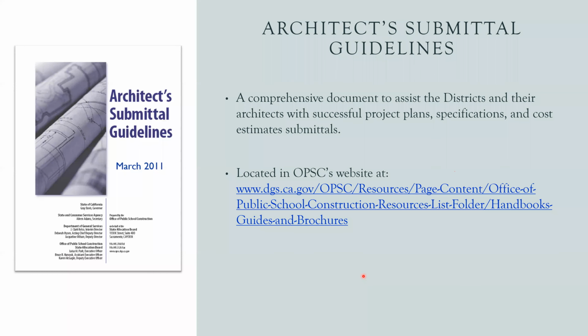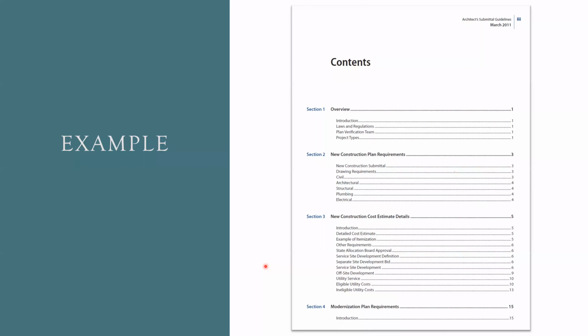It can be obtained at the OPSC website. We have included a link here for you. If you go to this link, you'll see what it looks like. Here is an image of the table of contents for the guidelines.